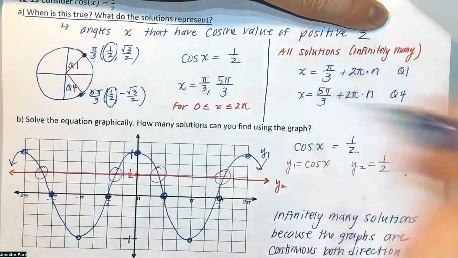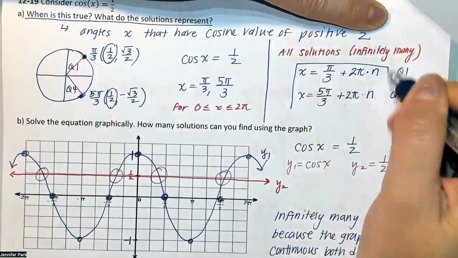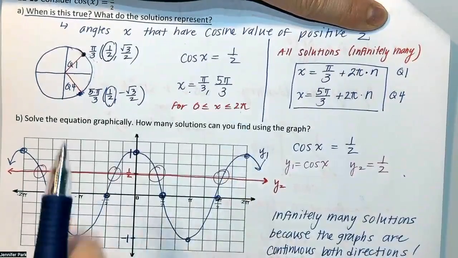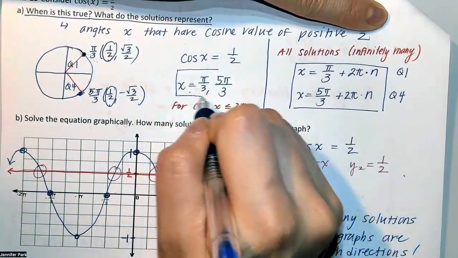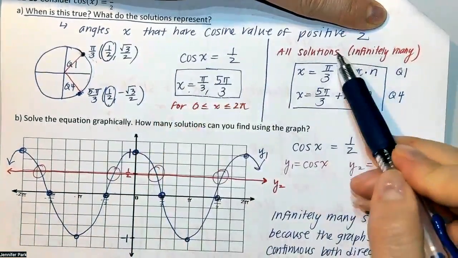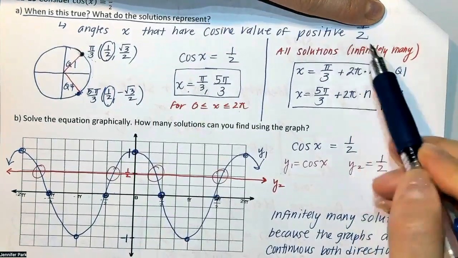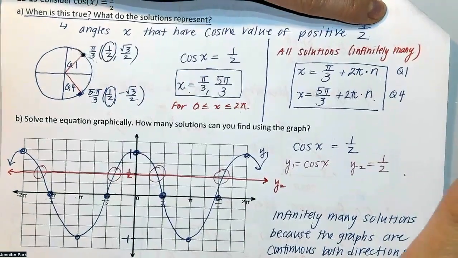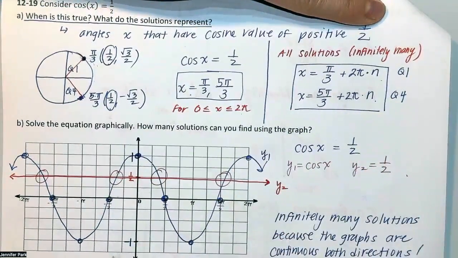Sometimes you may be asked to give only answers between 0 to 2 pi. Then this is your solution. But if we ask for all solutions, then because there are infinitely many, you have to write your answers as equations. That's the difference we're looking at.